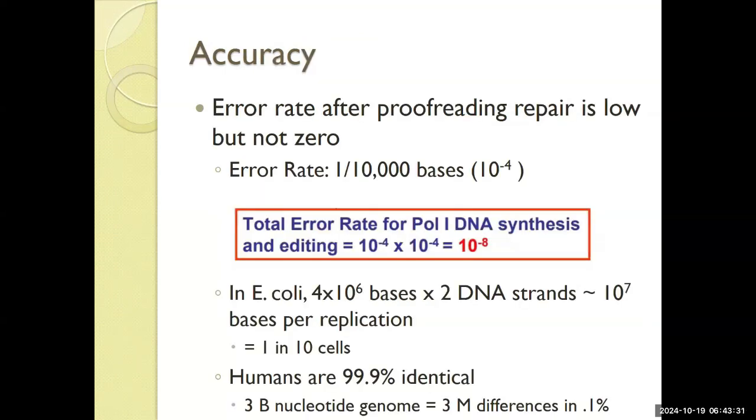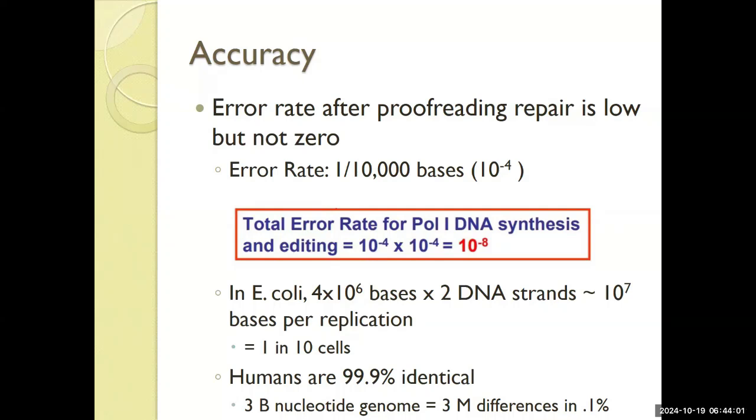If DNA duplication has rare errors, 1 in every 10,000 bases, and the error of the proofreading mechanism is also low, another 1 in 10,000 bases, that means roughly one mistake happens every 10 million bases, but it's not zero.